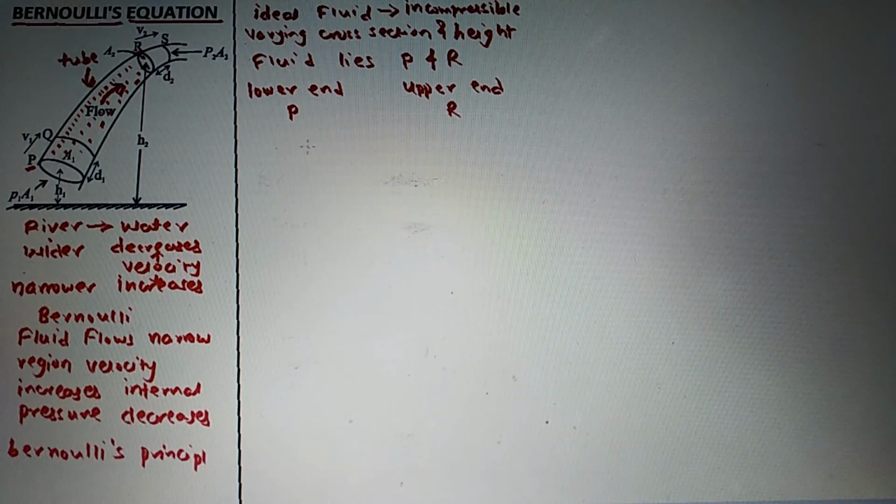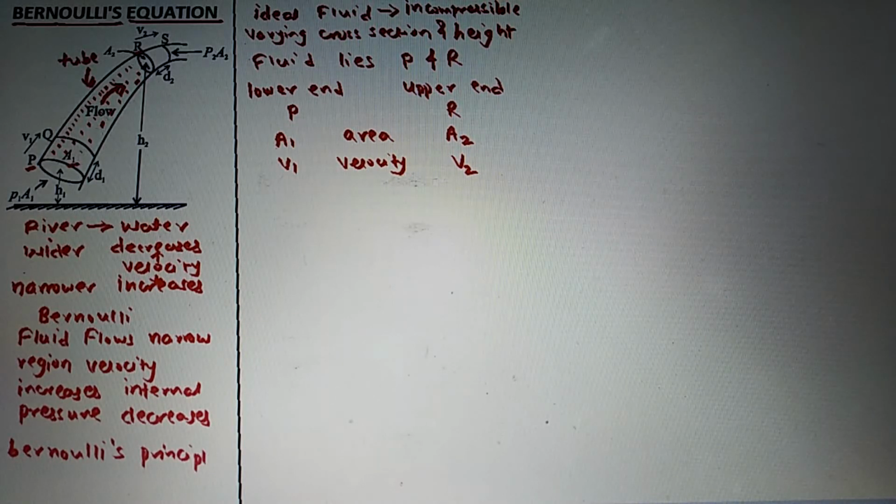The lower end P has cross sectional area A1, and the upper end R has cross sectional area A2. Next we take V1 as the velocity of fluid at lower end P, and V2 as the velocity of fluid at upper end R.